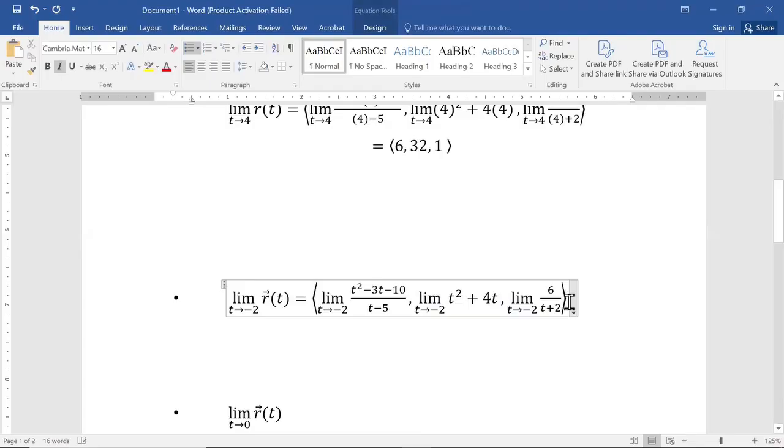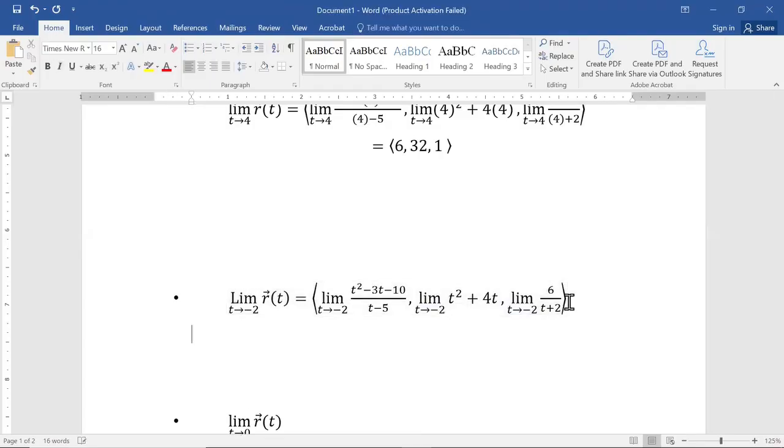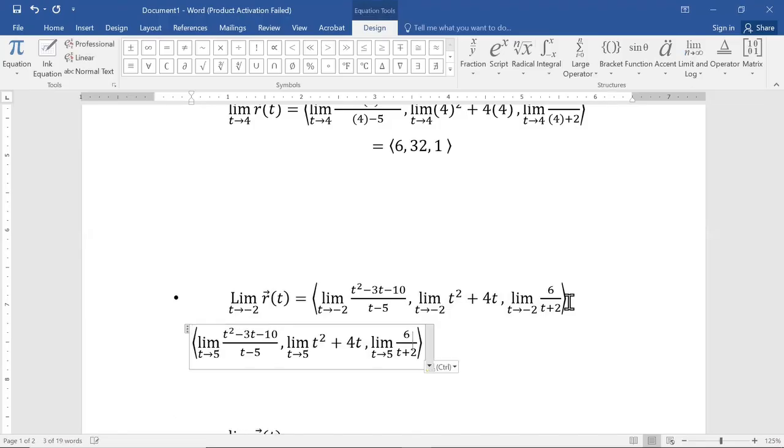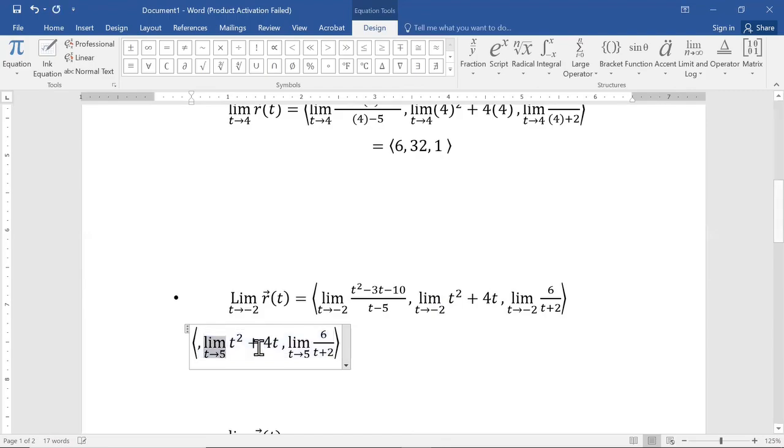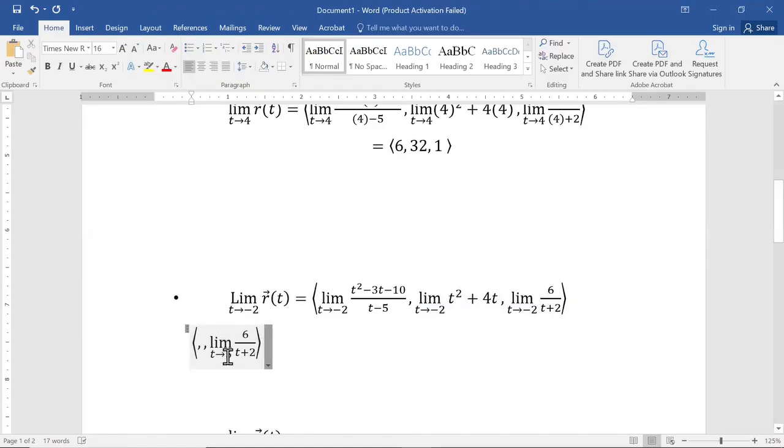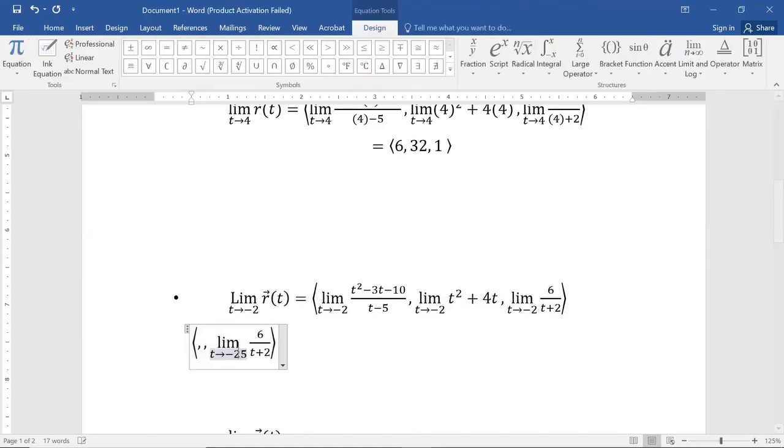Now, if I do the same thing I did earlier, I can simply plug in -2 into the first and second components, into what we would call the x and y components. Since this is a continuous function at -2, I can just plug it in.